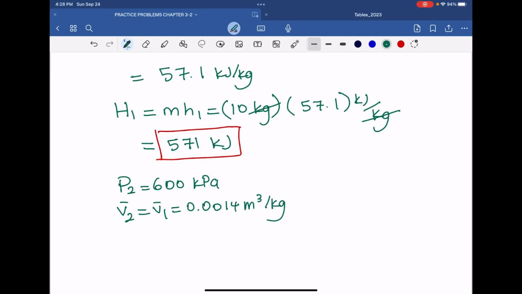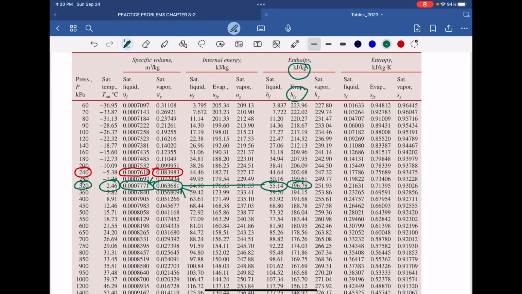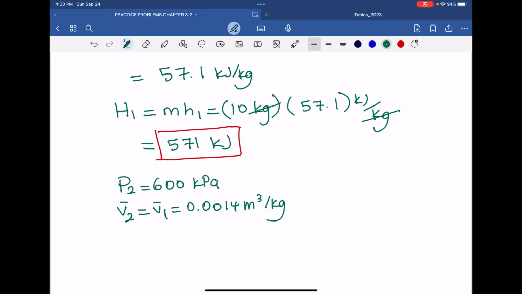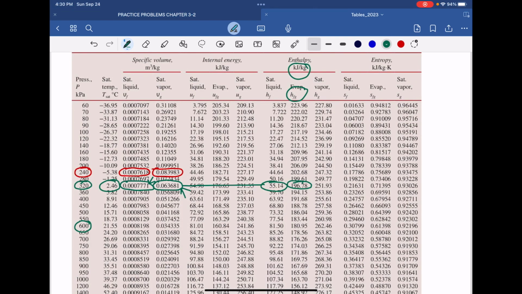I think that is correct. Let me check. Okay, so now let's look at that pressure. It was 600 kilopascal. Where this fits, 0.0014.